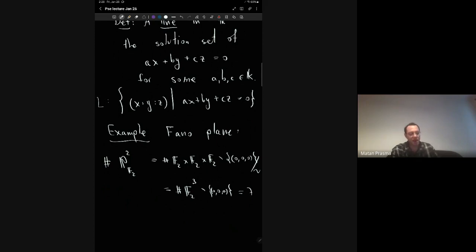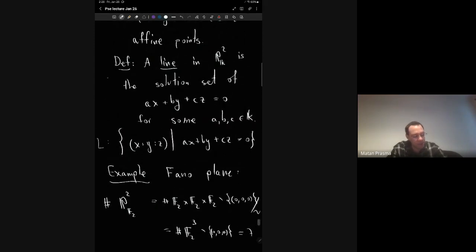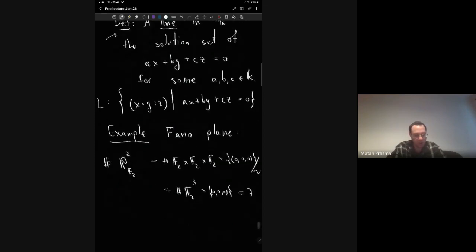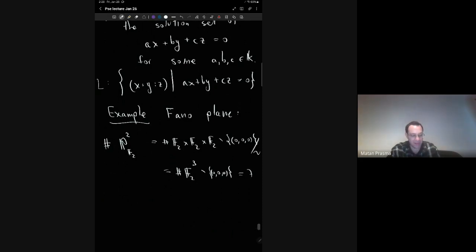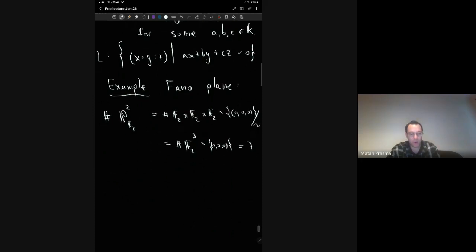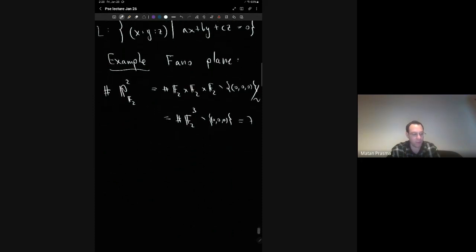Now, I defined what is a line in the projective plane. So you can fiddle around with this and look at what the possible lines are. And it turns out that what you get is this. One representation of it is the following.